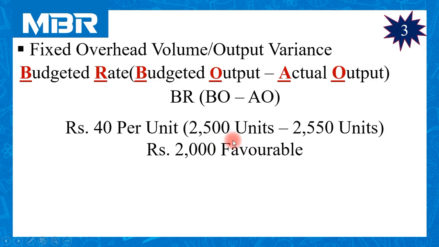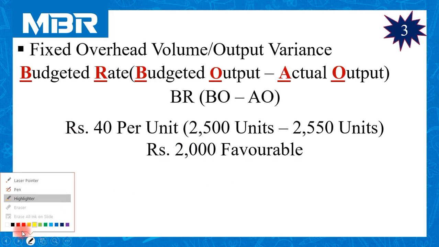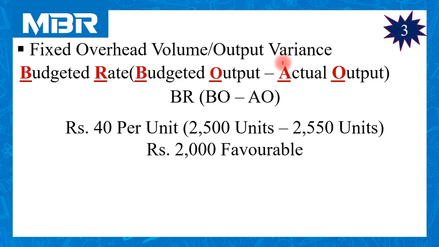So the difference 2500 minus 2550 is equal to 50 multiplied by this 40 rupees. So 2000, and it is favorable. Let me explain the things in detail. This is the matter of output.